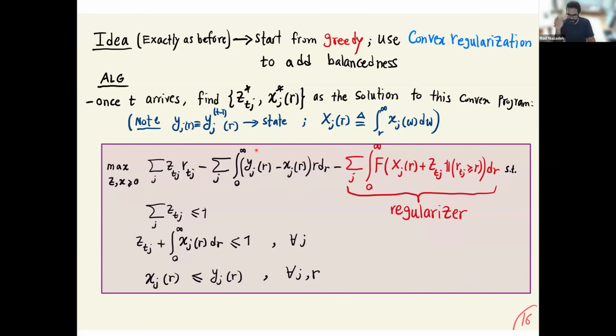And if you think about everything in a continuous domain, forget about the fact that the time was discrete, just think about the continuous domain. So you had a PDF Y_jr, that was your state before you cancel. You canceled some stuff and it brought you to X_j. So the difference is going to be basically the density that you canceled at reward r. So how much did that hurt you, r? So take an integral over that.